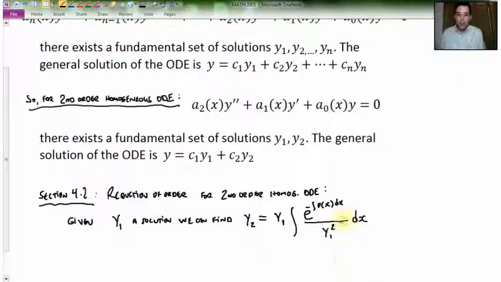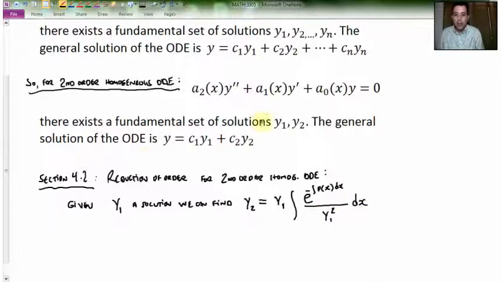Now the p(x) comes from the homogeneous ODE. You have to see the p(x) when the coefficient of the second derivative is 1, so we have to do a little transformation first. Just remember that the ODE looks like this: second derivative plus p of x times the first derivative plus q of x times y equals 0.